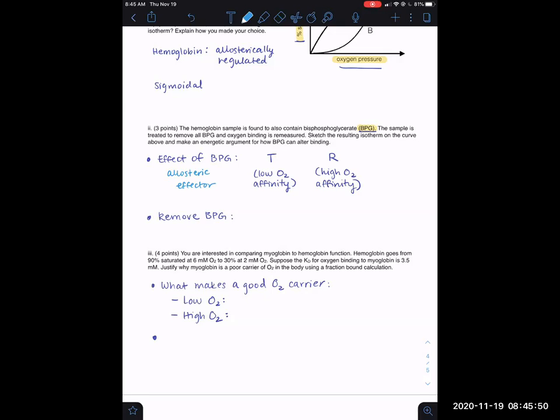It binds to hemoglobin and stabilizes its T state while destabilizing its R state. So in the presence of BPG, hemoglobin has a lower oxygen affinity than it normally would without BPG.